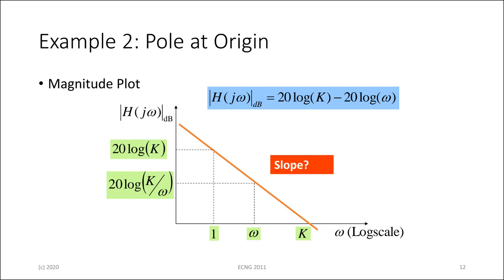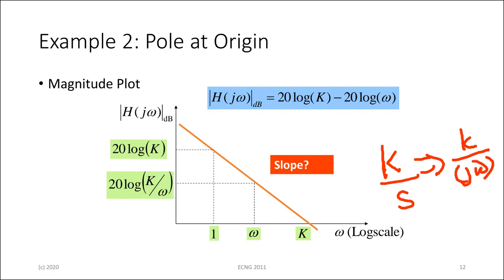If you plot a single pole, and where we ended yesterday was to plot a simple pole, which was k over s, and you convert everything to the log magnitude scale, then you go to k over j omega.